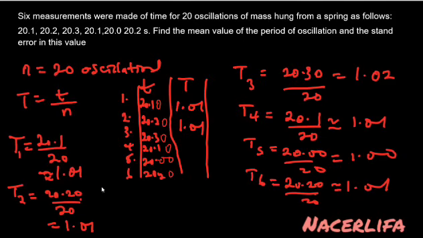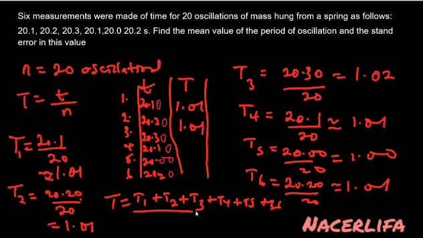To find the mean T, we take T1 plus T2 plus T3 plus T4 plus T5 plus T6, then we divide by 6. We have T2 to be 1.01, T3 to be 1.02, T4 to be 1.01, T5 to be 1.00, and T6 to be 1.01.